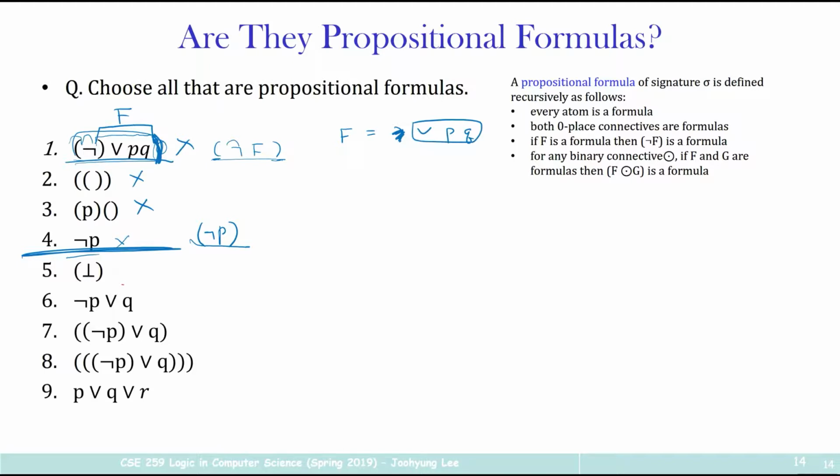So choose from 5 to 9. Let's see, choose all that are propositional formulas. It's a short answer question. So show everything that is a formula. Just write the numbers of them.